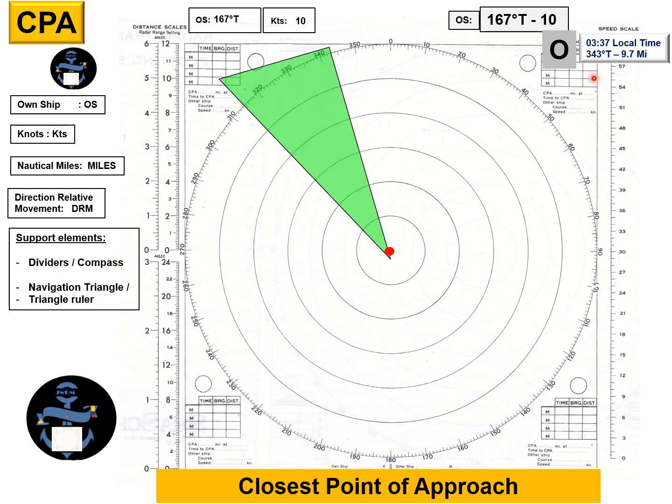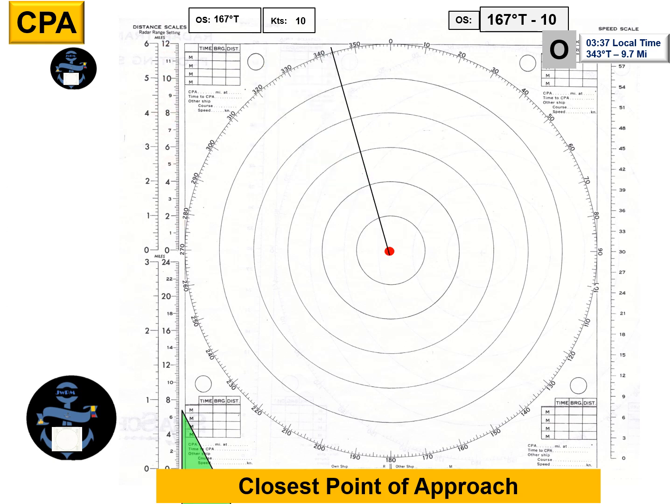So I'm going to graph this point here at 343, 9.7 miles. I need to compare with this scale of range. Okay, here I'm going to compare 9.7 here. So now here is the original position, the first position, at 0337 local time.